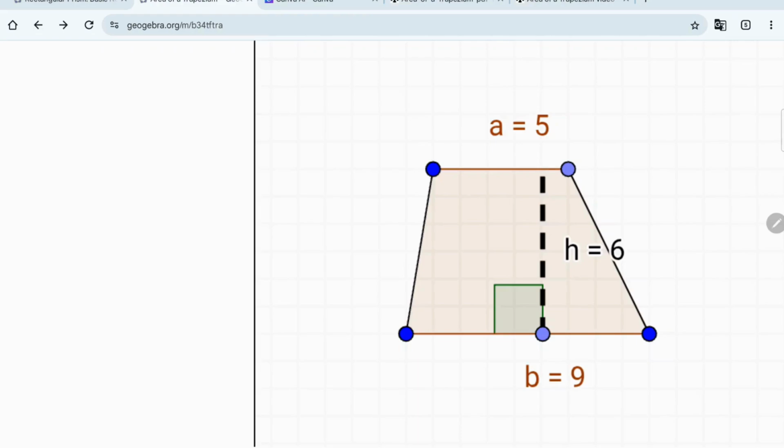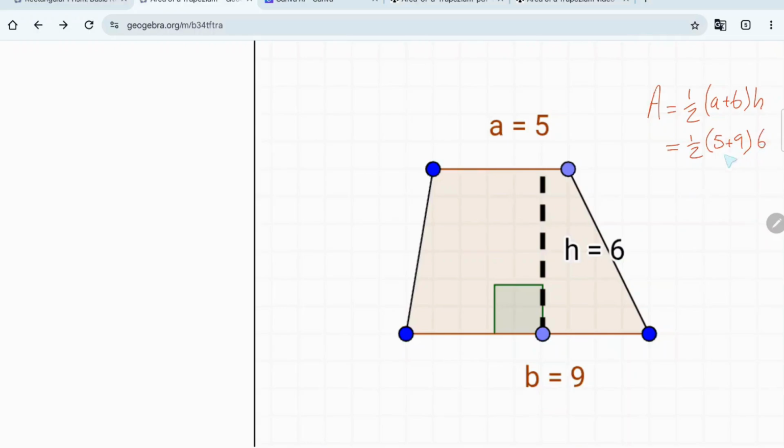Okay, so what you should have done is written the formula, which is half times A plus B times the height. The two parallel lines are 5 and 9, so half times 5 plus 9 times the height. It's actually telling you the height.